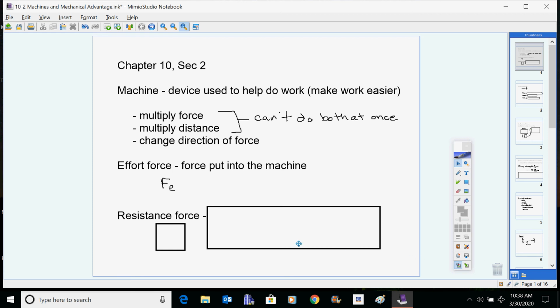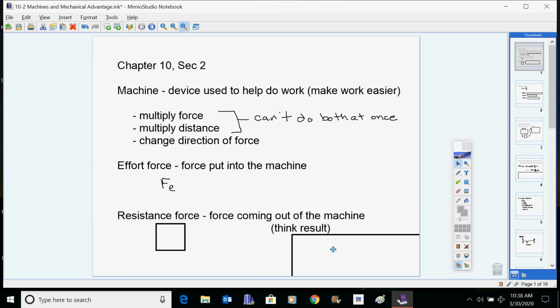The resistance force, FR: resistance is actually what comes out of the machine. The word resistance sometimes doesn't make us think of the right thing, but when I see FR, even though it's technically resistance force, I usually think the result. In other words, what force came out of the machine?